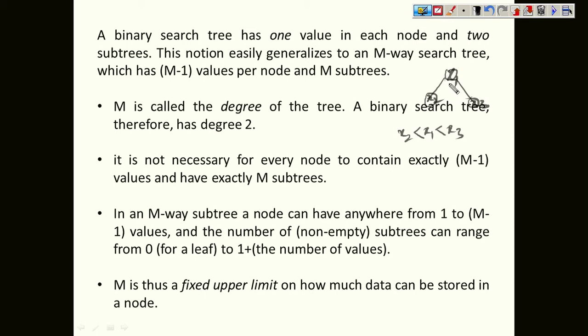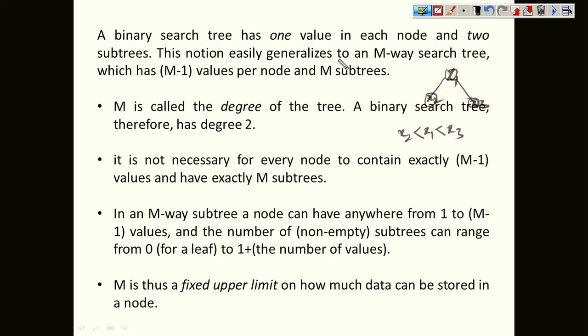Similarly, if any node can have m subtrees, then that tree is said to be an m-way search tree. When we say two-way tree, every node has 2 minus 1 value, that is, one value. So in the case of an m-way search tree, we have m subtrees and every node can have m minus 1 values.